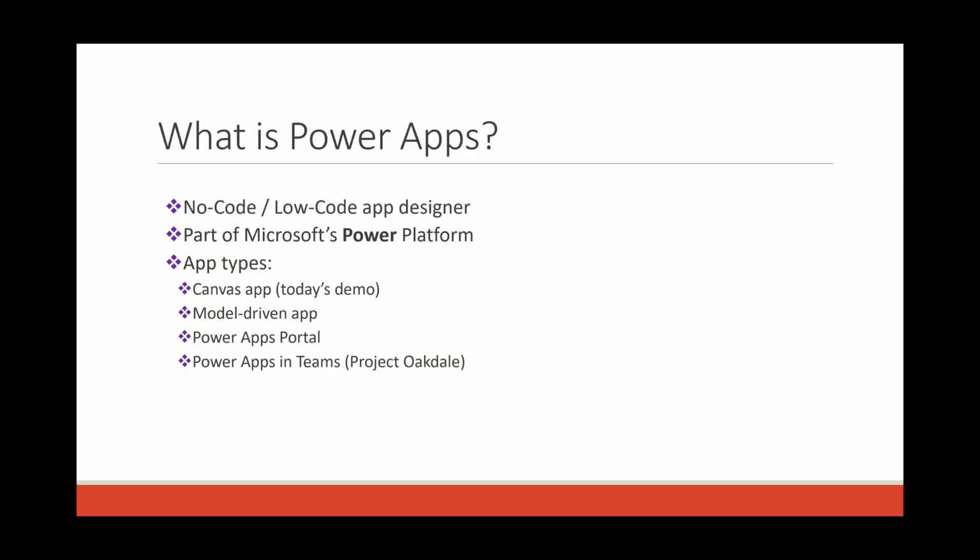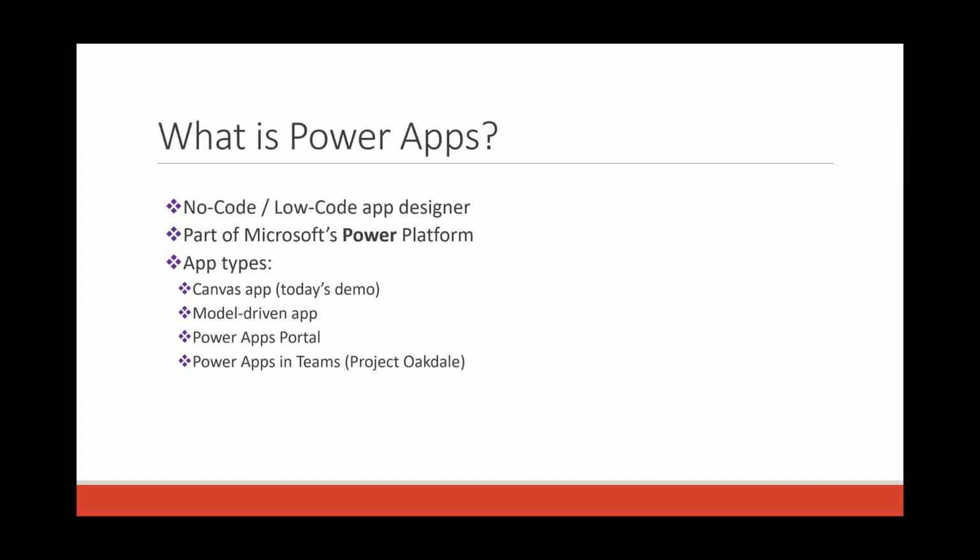Canvas apps are what let you design a mobile or browser app that looks exactly how you want it to look. You can specify down to the pixel where you want things placed, what you want them to look like, and exactly what you want them to do. And it has a lot of controls that interact with each other. So we're going to look at all of that.